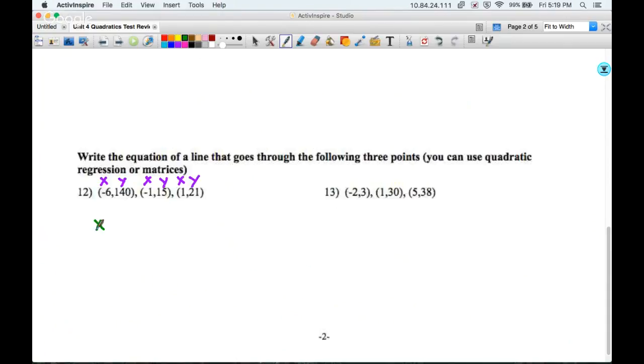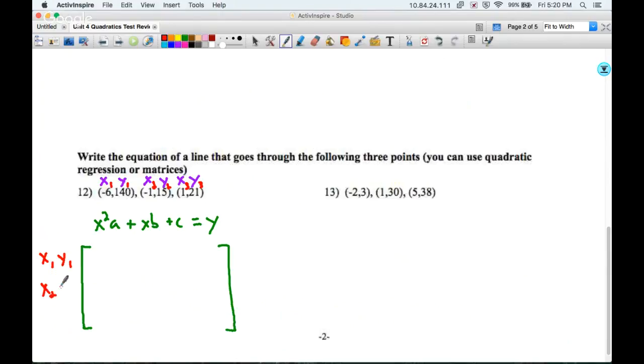And that was to go x squared a plus xb plus c equals y. And so when we plug those values in, I'm going to call this x1, y1, x2, y2, x3, y3. I'm going to plug it in for x1, y1 first, then x2, y2, then x3, y3.